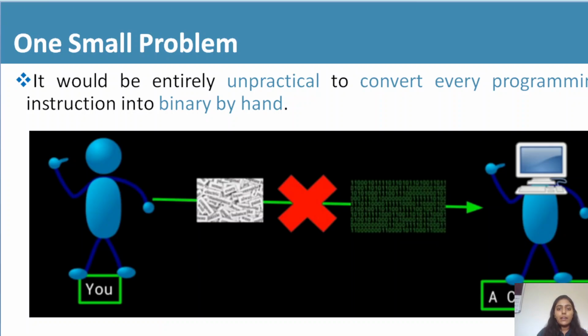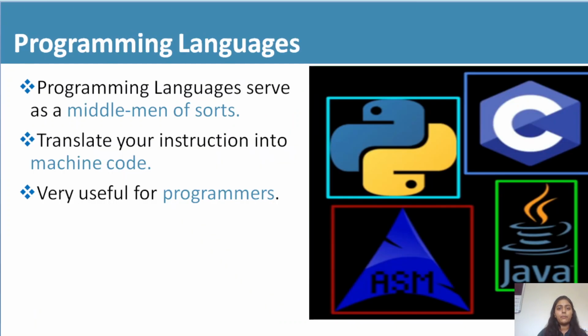It would be entirely impractical to convert every programming instruction into binary by hand. A programming language serves as a middleman of sorts. It translates your instruction into machine code, very useful for programming.